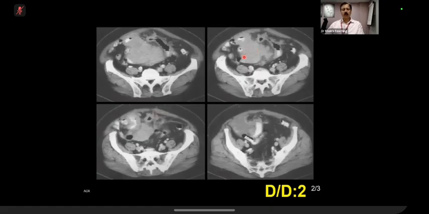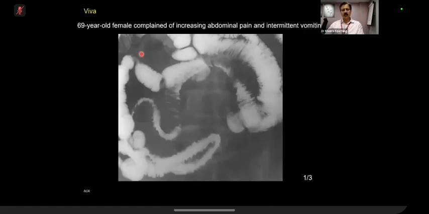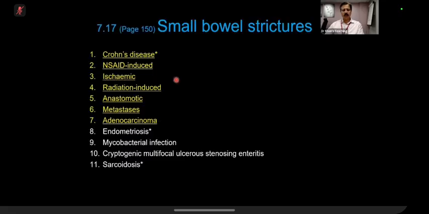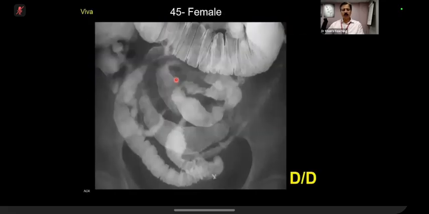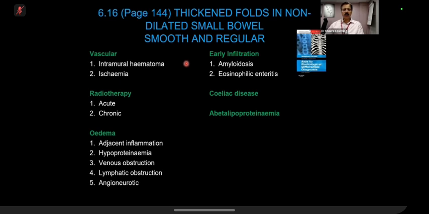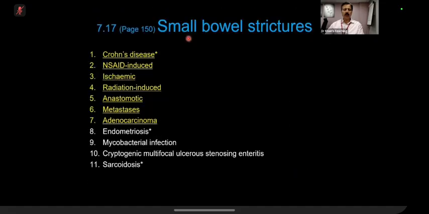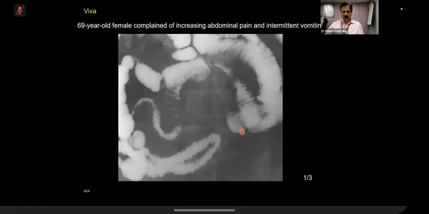Okay, so I'll take over. You see, this is lymphoma. Now, please remember that if you see a thickened loop, long segment, and things like that, lymphoma is in the differential. Now, what is happening?